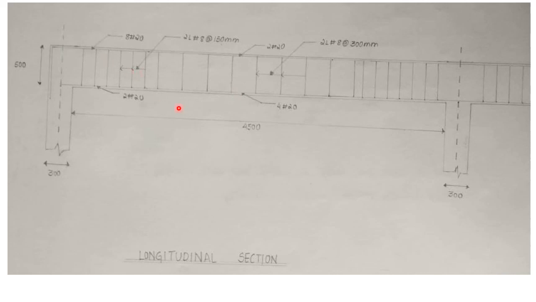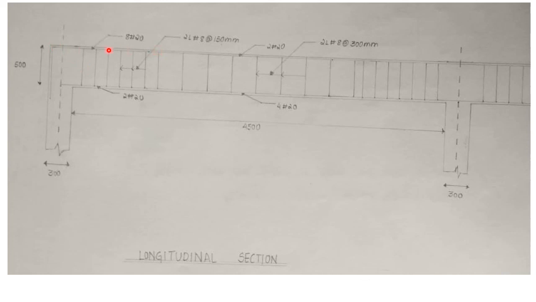Now, when it comes to negative reinforcement, anyhow hanger bars will be there. So you are going to provide 2 hanger bars of 20 mm diameter, that is fixed. Now they have told 4 numbers of 20 mm diameter bars as negative reinforcement, which is provided only at the support.